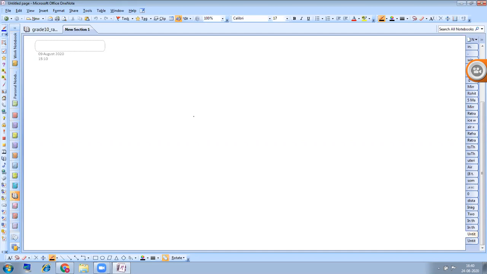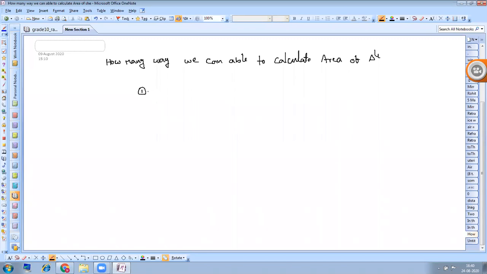How many ways can you find the area of a triangle? What is the first formula? Known formula for everyone, guys: half into base into height.